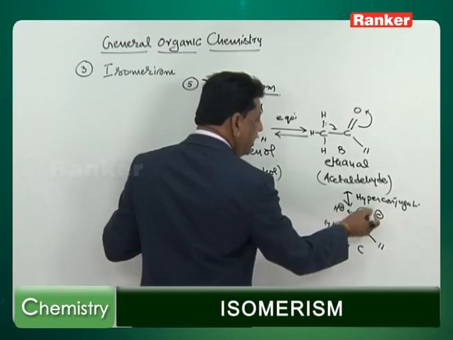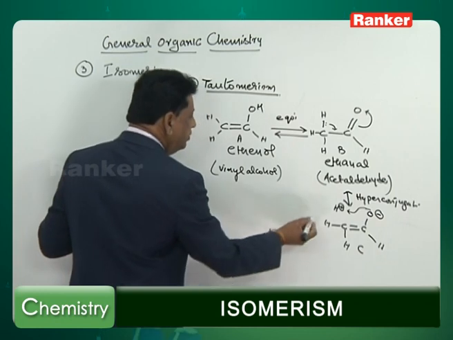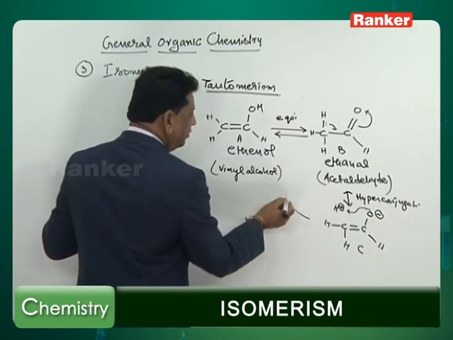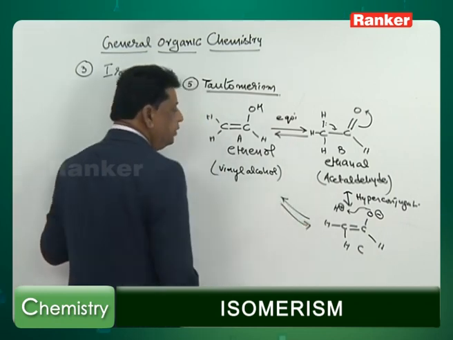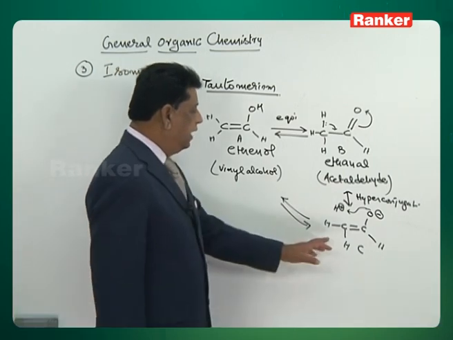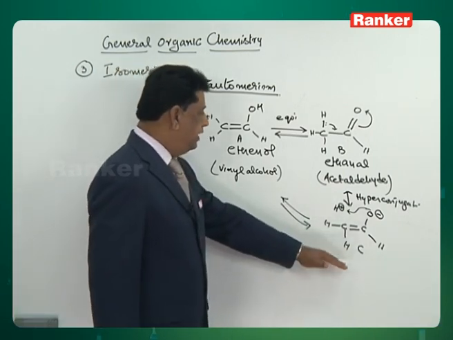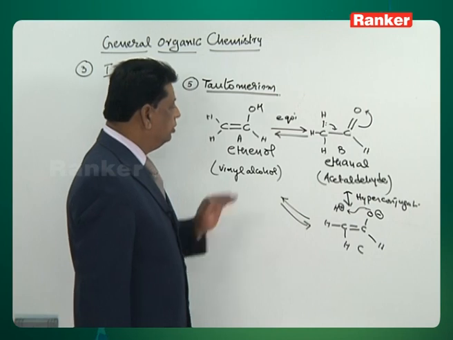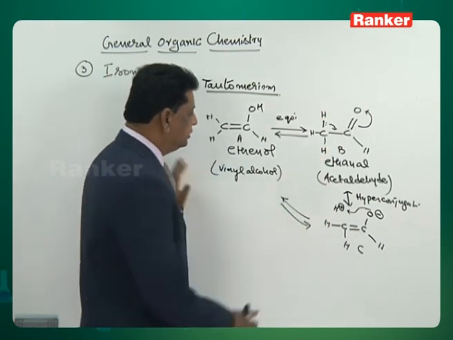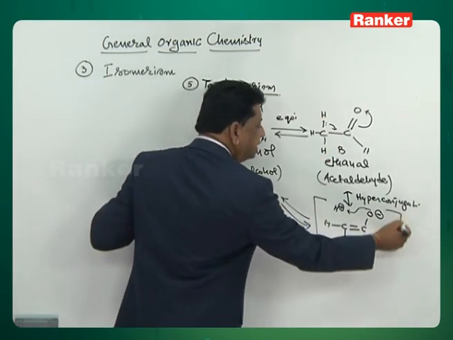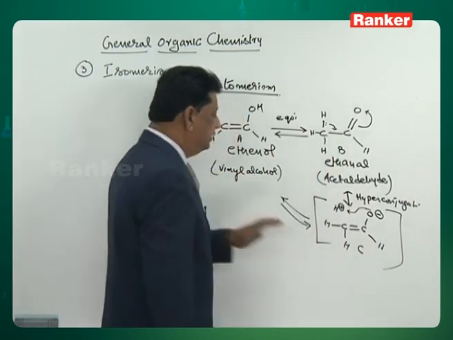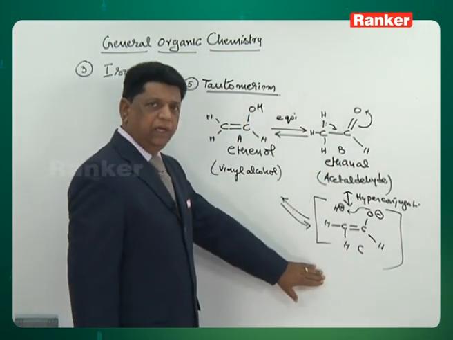Then the H will have a bond there, and the compound changes into this type of compound. So the hyperconjugation structure C changes into the enol through this particular structure. This C has no name.